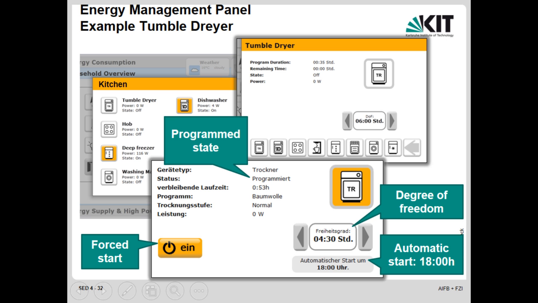And then the user can say, okay, I would like, regardless what this current situation is, I would like to run the machine right now. And then you can just switch on this start button and it will start. And it was interesting to see that, like, initially we didn't have that start button on the menu, and the first residents in the house complained that they could not control directly how the machine was running.